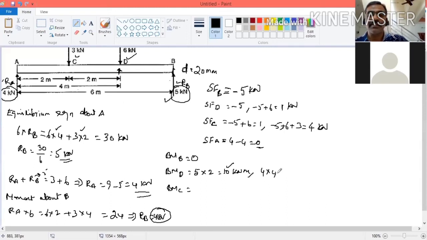That is minus 3 into 2. How much? 4 into 4 is 16, 3 into 2 is 6, so 10 kilonewton meter. So we got the same answer.